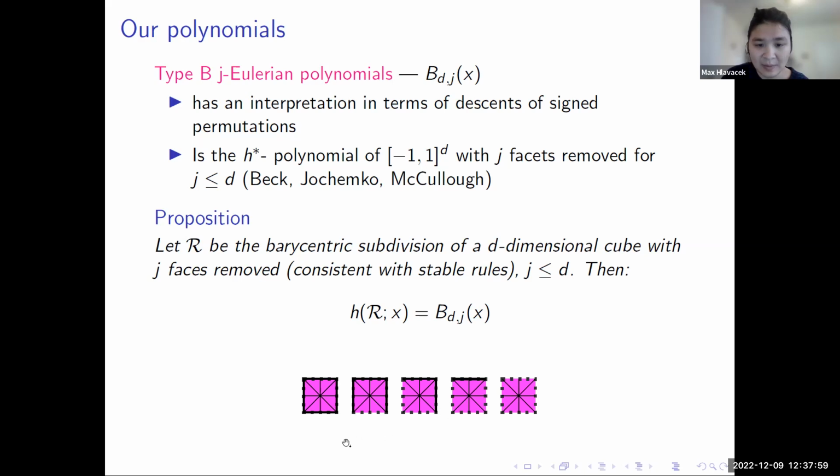Then the h-polynomial is exactly the type B J Eulerian polynomial. And how we computed this was using Ehrhart theory, which I'm not getting into in this talk, but you count a bunch of lattice points inside of polytopes.